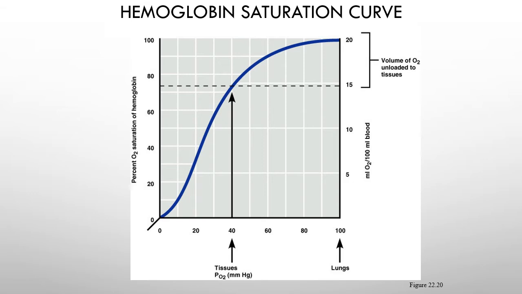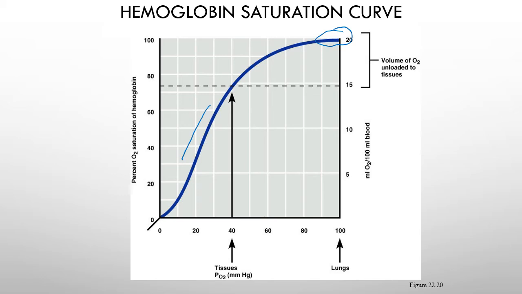So here we have our hemoglobin saturation curve itself, and this is going to be that area where we have kind of the greatest amount of binding, in terms of the steep level of oxygen binding to the hemoglobin itself. Once we're inside the lungs, we get up here to around 104 or so millimeters of mercury, and we have essentially complete saturation.